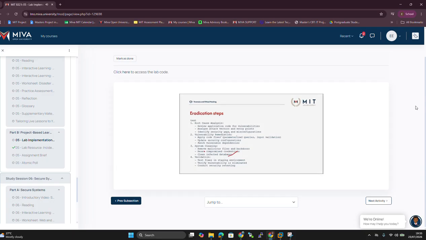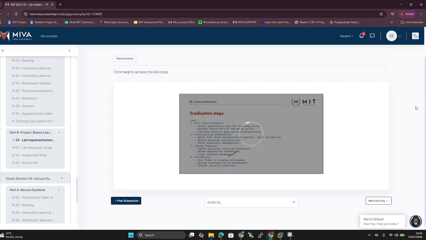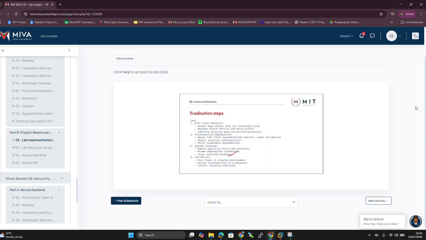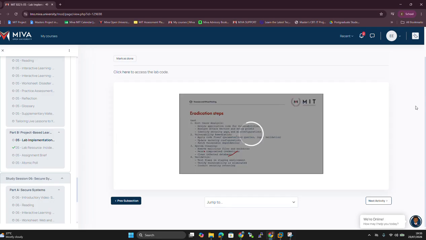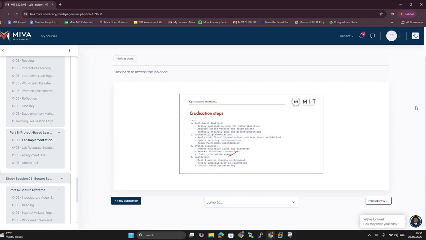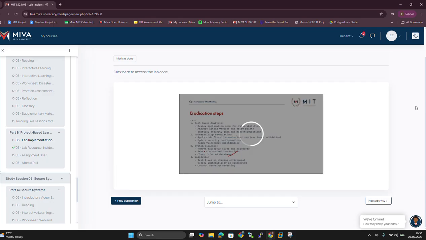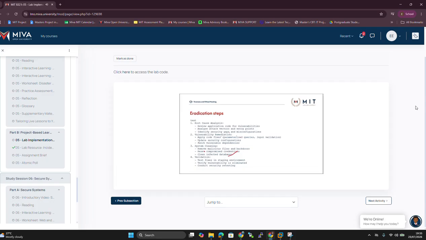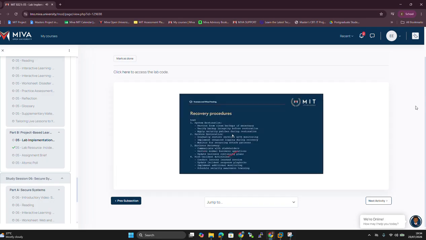Then for validation, at this point you are testing your fixes in the staging environment, not in the production environment. You verify that your weaknesses have been eliminated, and then conduct security retesting to see whether the bugs have been removed.